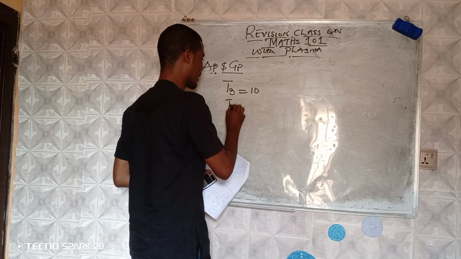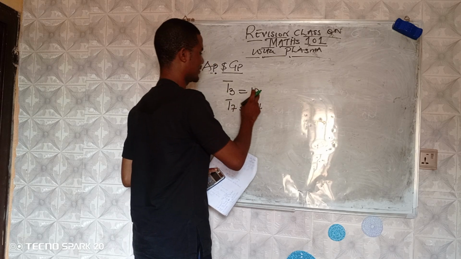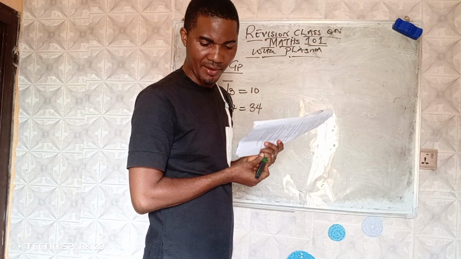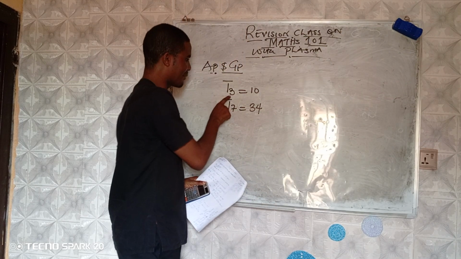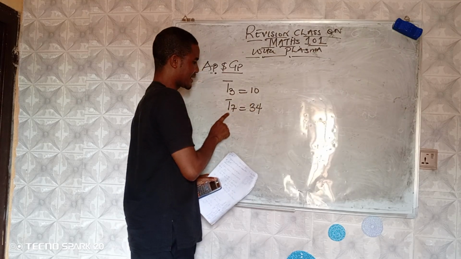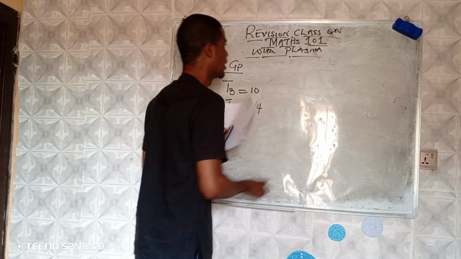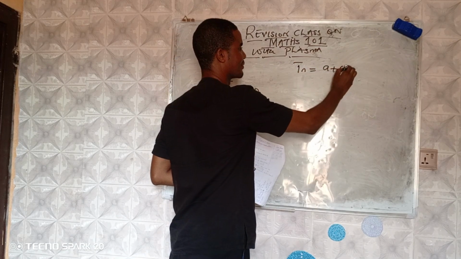Find the first term and the common difference. The third term is 10, the seventh term is 34. We are going to convert this statement just the way we did before. First of all, the nth term of an AP is this.